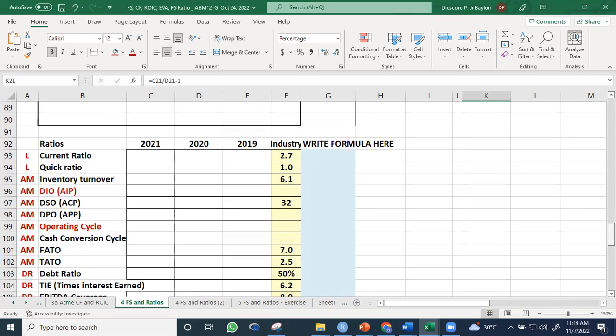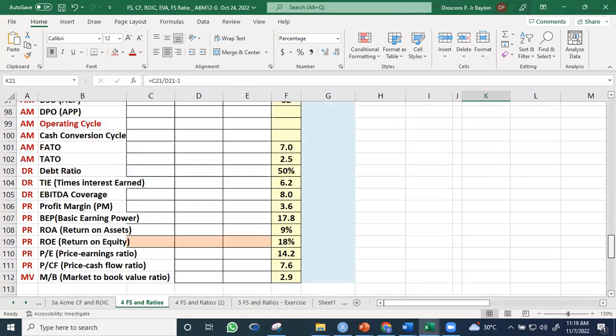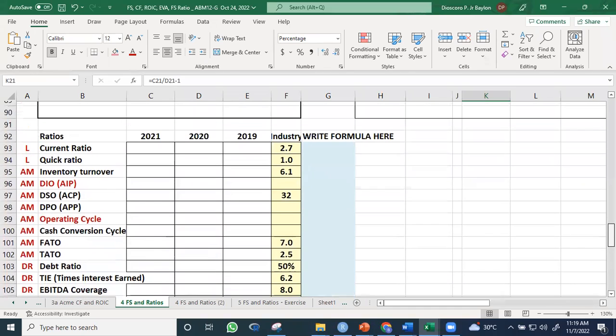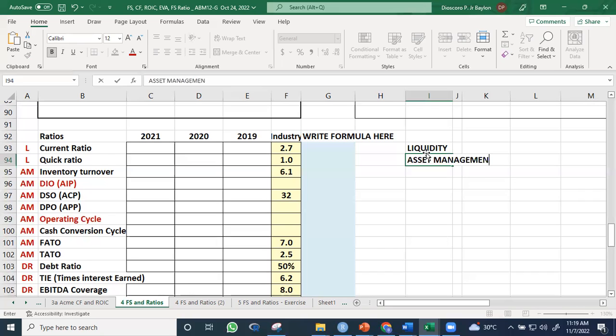Okay. All right. So let's take a look at the different types of ratios. What we're going to discuss, we're not going to discuss all the ratios, but we're going to limit it into these types of ratios. Number one, liquidity ratios. Then AM stands for asset management.